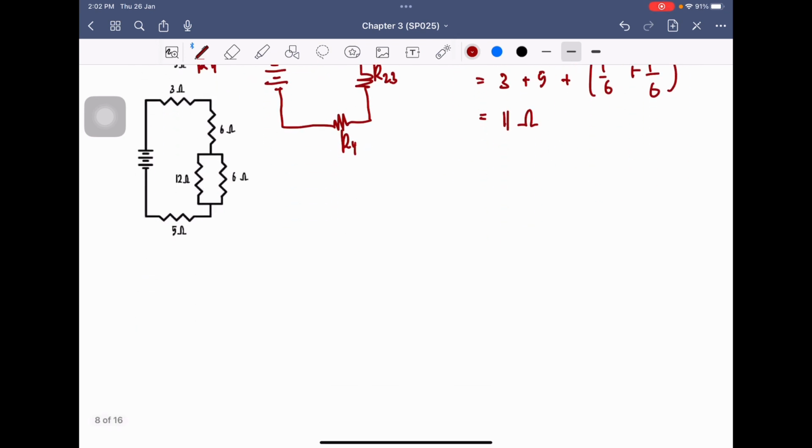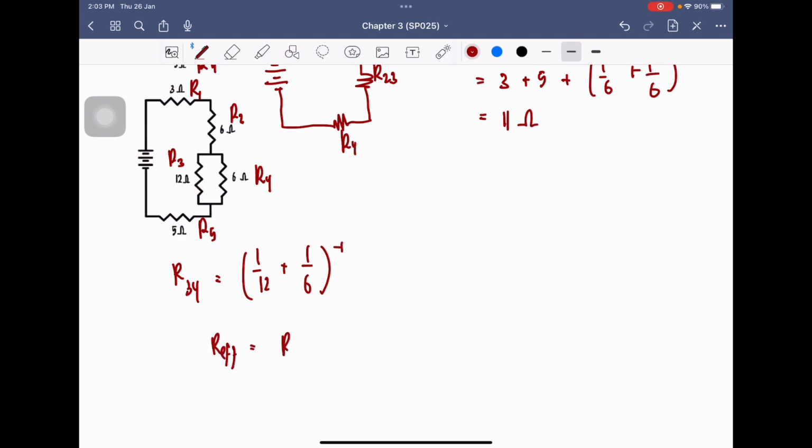Okay, so it is the same as the second diagram, but it just has an additional one here. But what you have to do is, this is gonna be R3,4. So 1 over 12 plus 1 over 6. So the effective resistance is R1 plus R2 plus R5 plus R3,4.